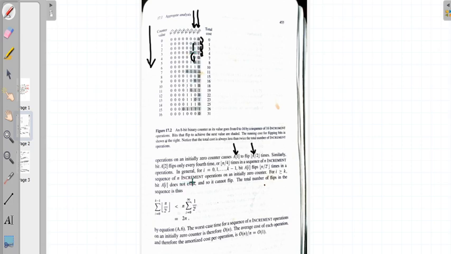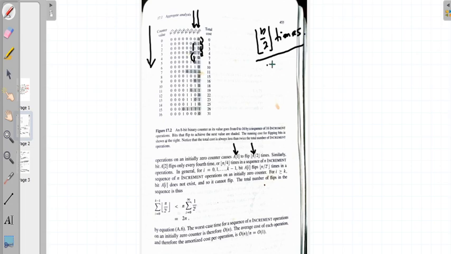So n by 2 floor number of times we have flips. Why does this floor value come? Take any value, say 5, and if you substitute that, you will see that 2 flips we will have.